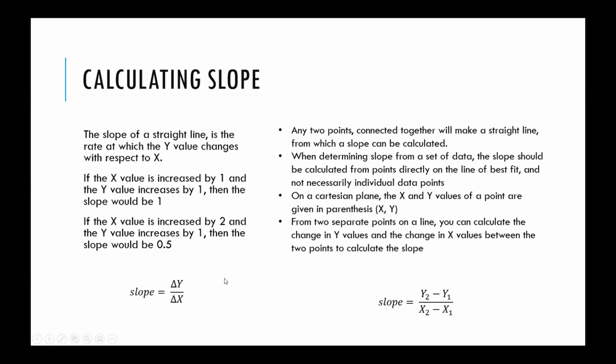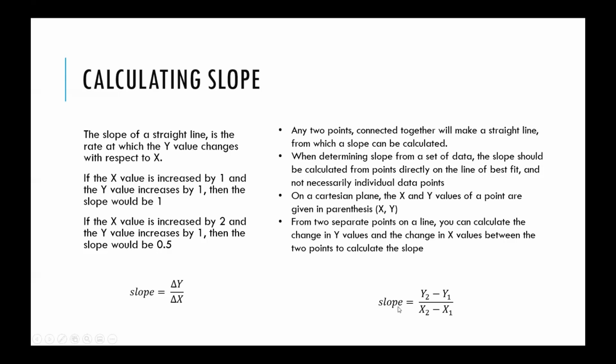Between two different points, the difference between the y values, divide it by the difference between the x values. Any 2 points can be used to make a straight line. If you have 2 objects anywhere, you can draw a straight line between them. And you can calculate a slope from that.